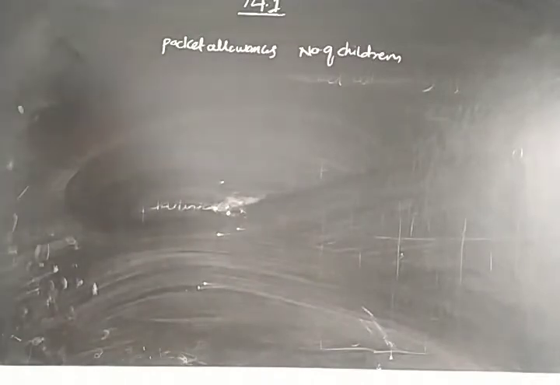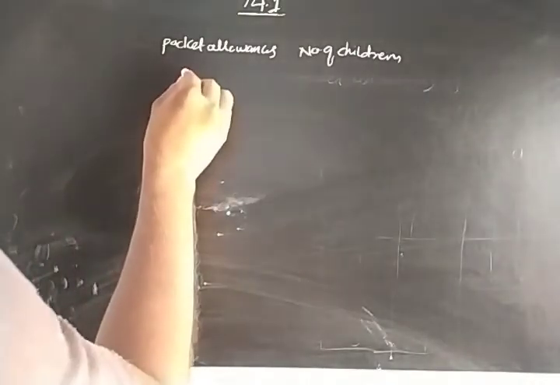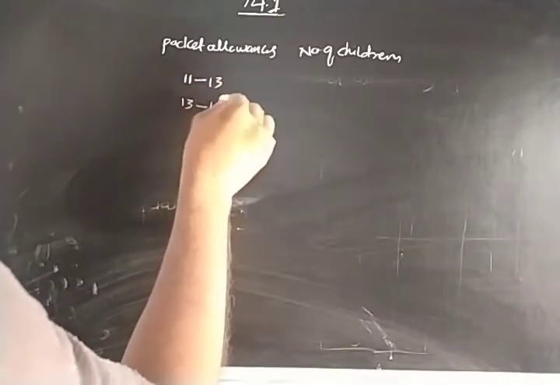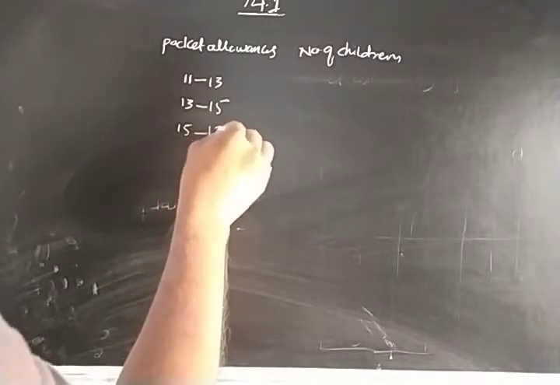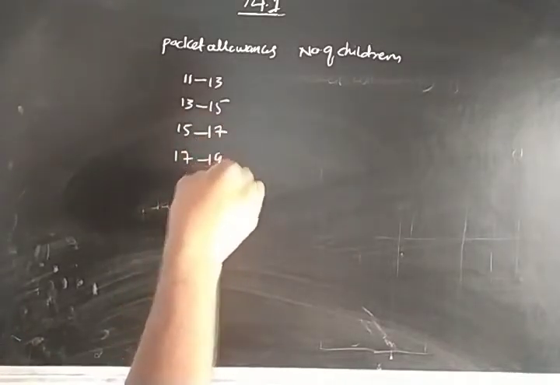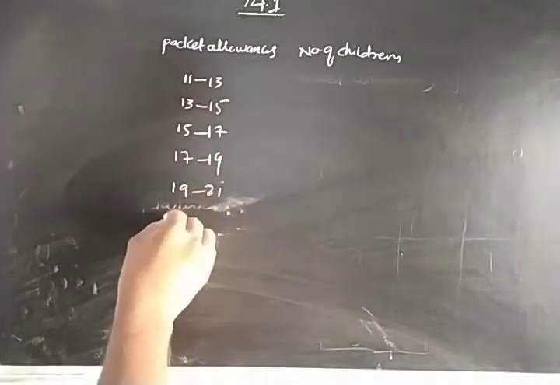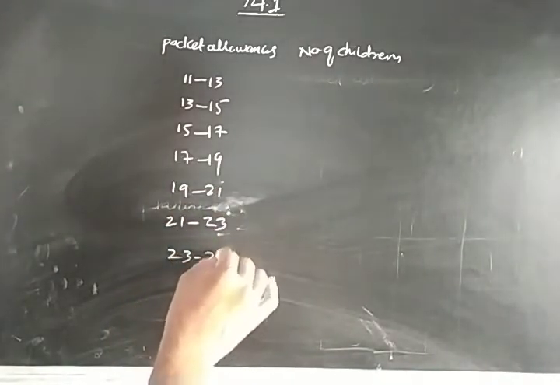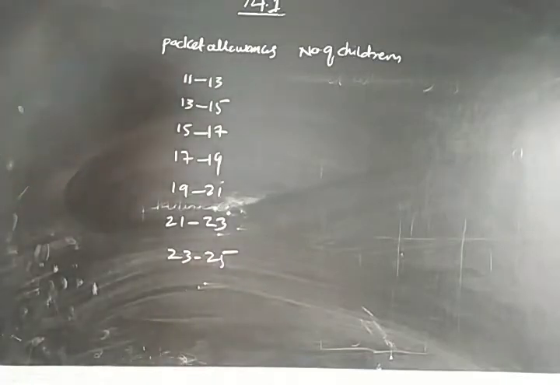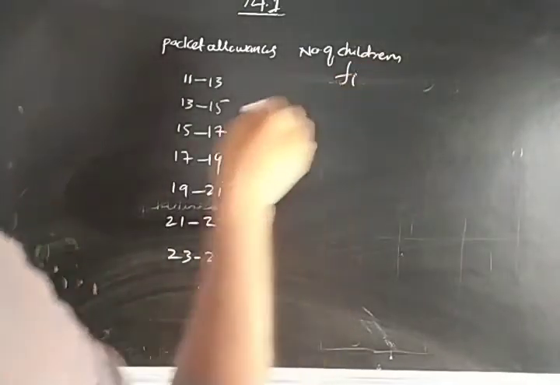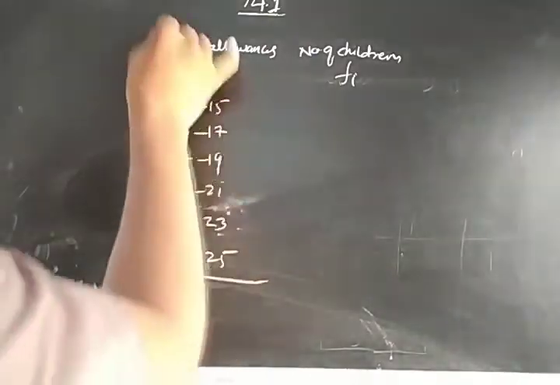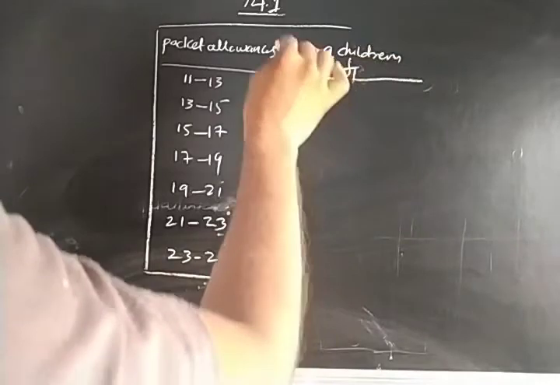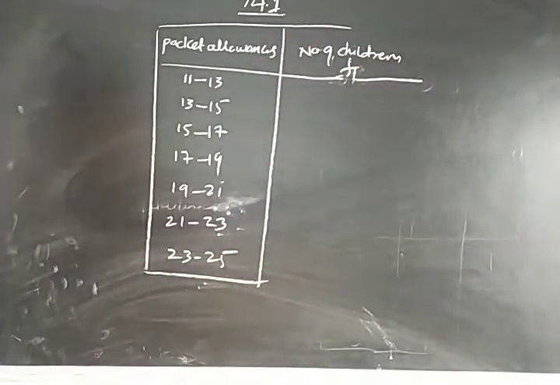Pocket allowances intervals are 11 to 13, 13 to 15, 15 to 17, 17 to 19, 19 to 21, 21 to 23, 23 to 25. The number of children I am taking as the frequency column, Fi. From 11 to 13, how many children are given?